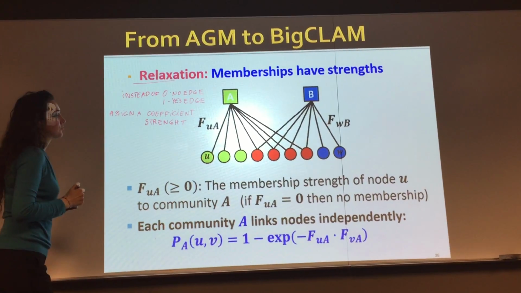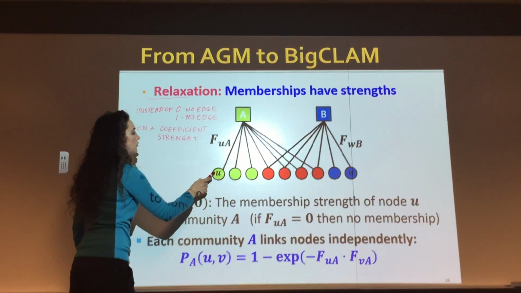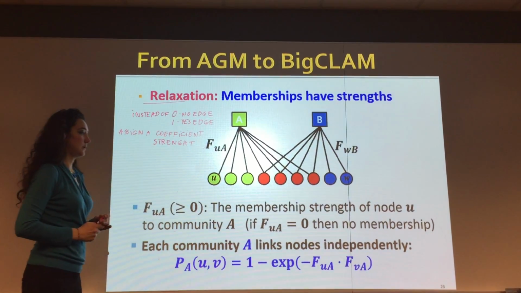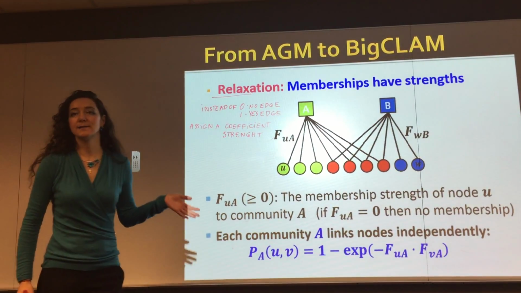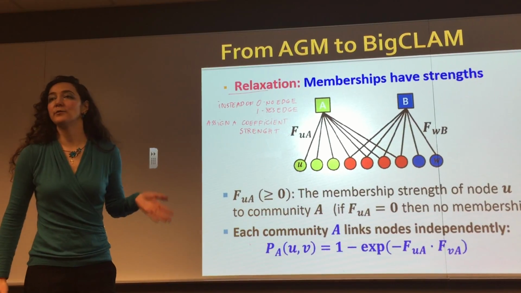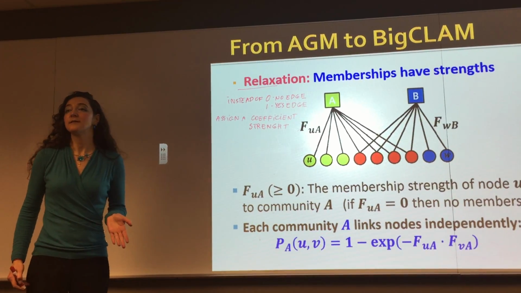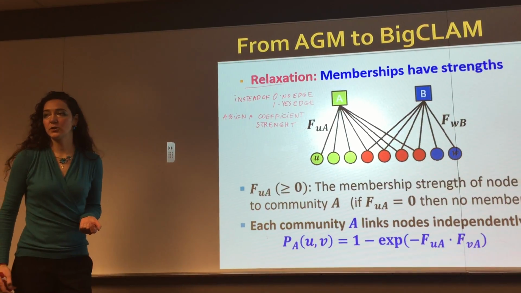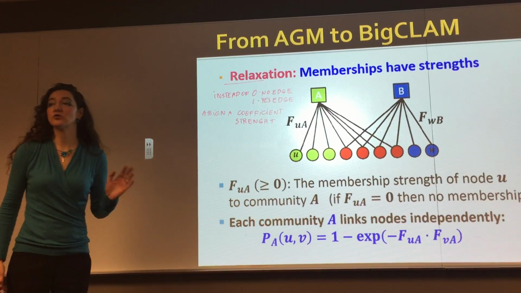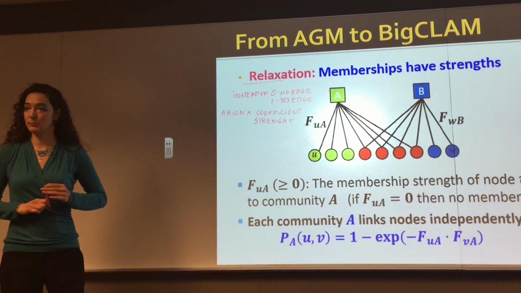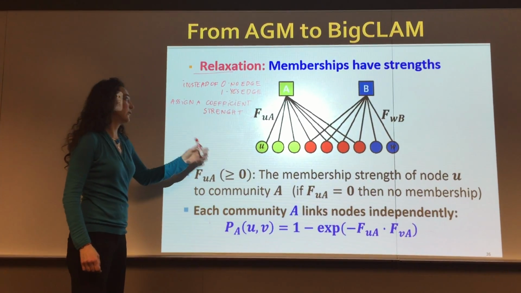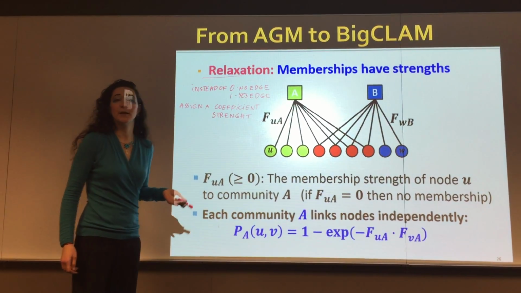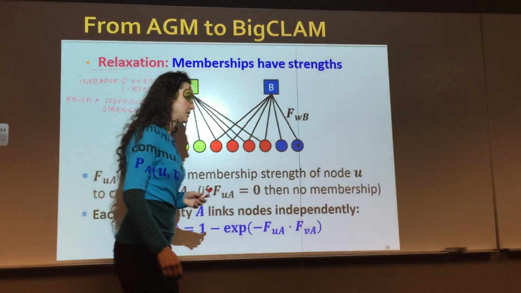With what strength does this node belong to this community? How likely is this person to be part of the basketball community? So the number will be bigger if they are strongly participating in the basketball activities, and the number will be smaller if they are, say, friends on Facebook, but they don't really participate in these activities.